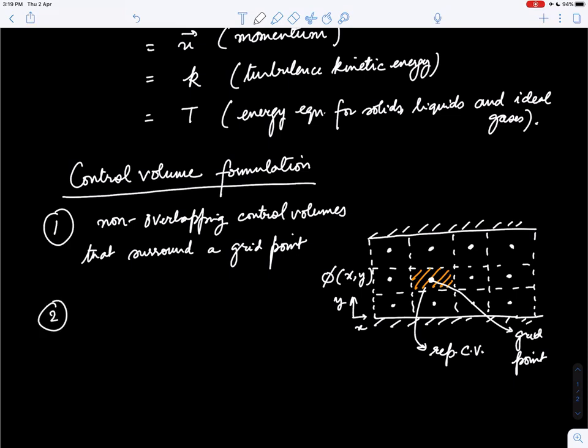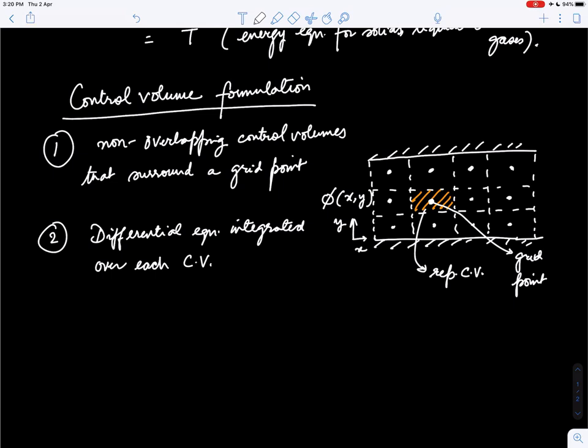The second, more important part, is that these volumes are not infinitesimally small. They are volumes of finite size. In each of these control volumes, we will integrate the differential equation over each of these control volumes.